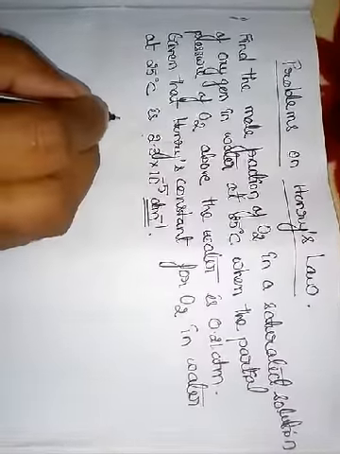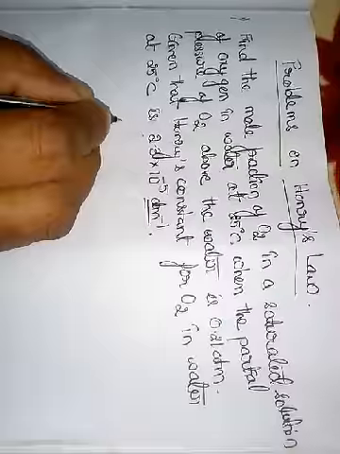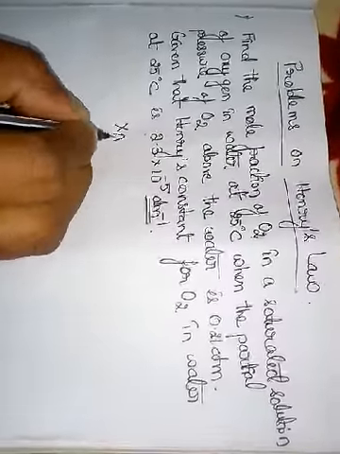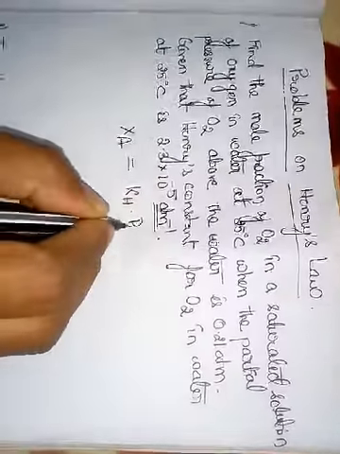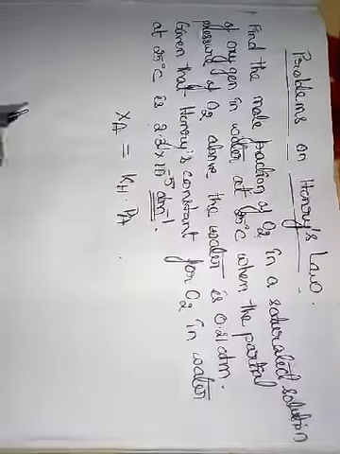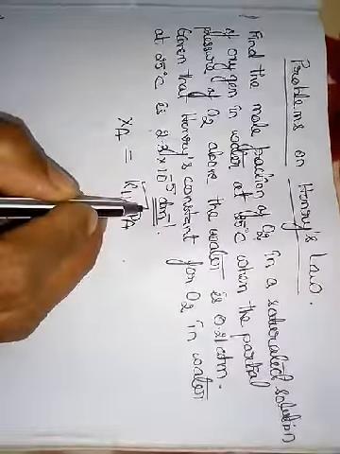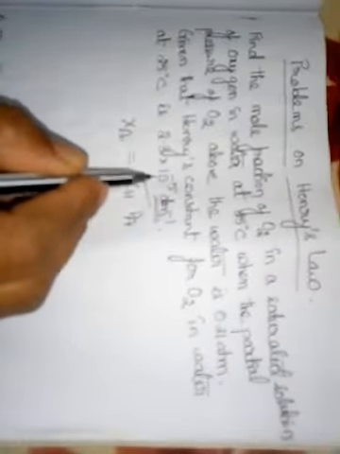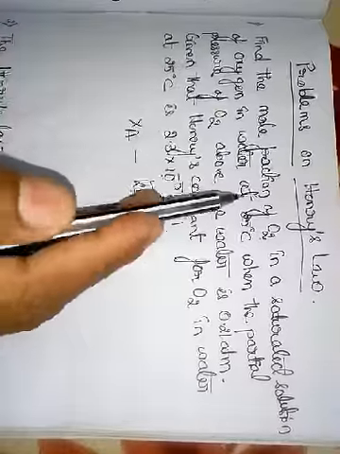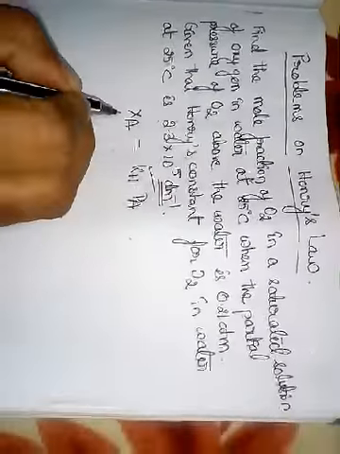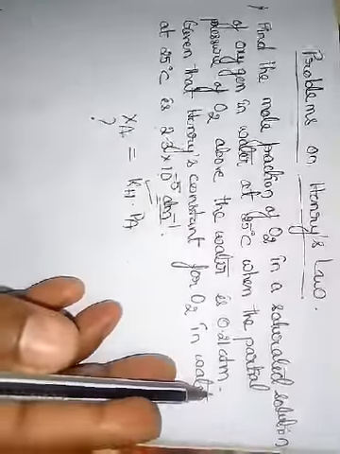So the second formula is XA is equal to KH into PA. Now KH is given as 2.3 into 10 to the power of minus 5 atm inverse. The mole fraction is to be found out, and PA is given as 0.21 atm.